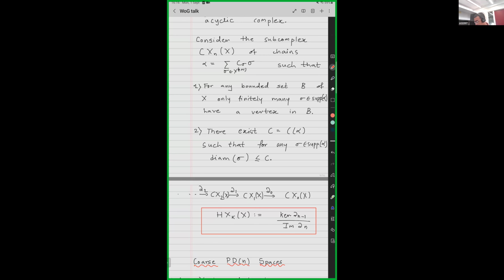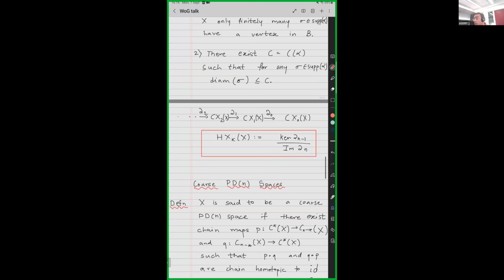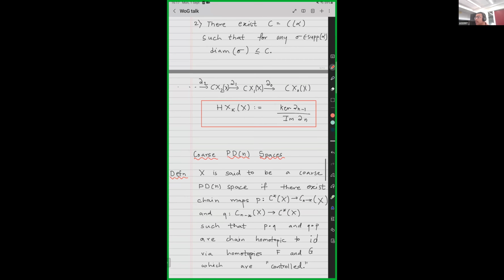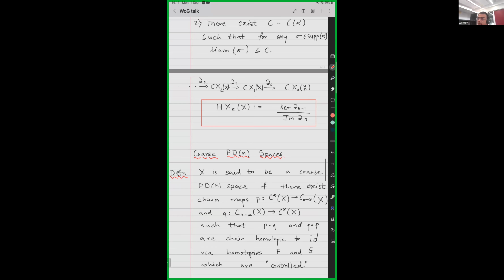Okay. And now I would like to introduce coarse PDn spaces. So coarse PDn spaces are analogs of open manifolds in the topological category. They are the metric spaces that have the same large scale geometric properties that open manifolds have, right?